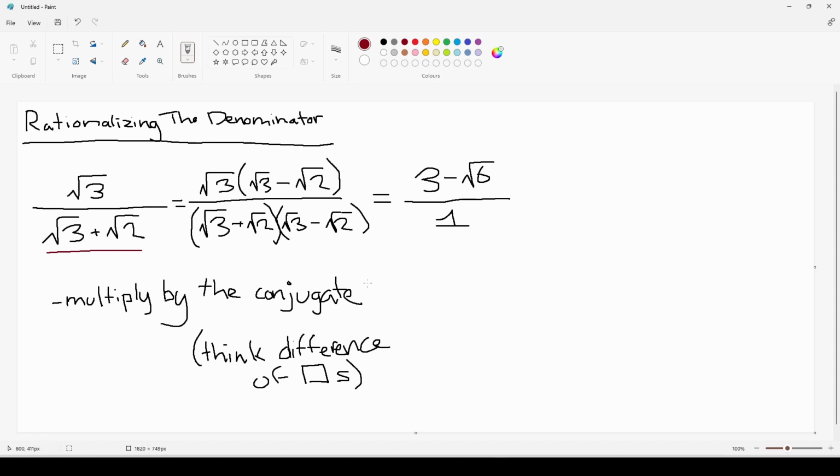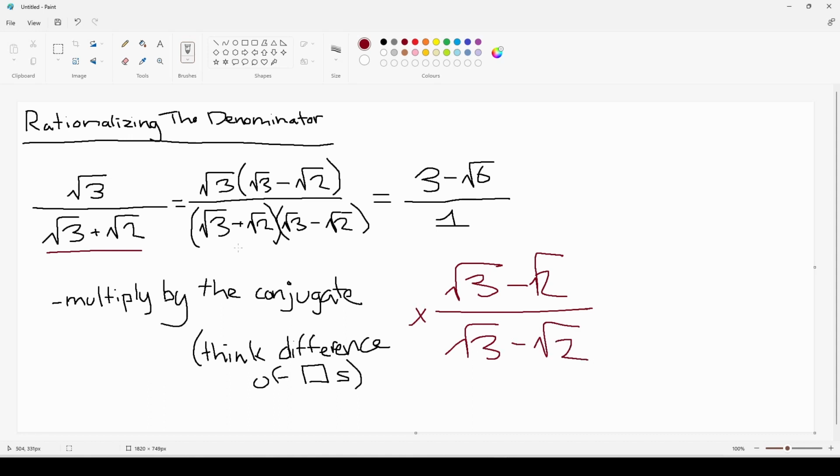And so we multiply by root 3 minus root 2 over root 3 minus root 2. We're multiplying this original expression by that. And in the end, that gives us 3 minus root 6 over 1, which is just 3 minus root 6.